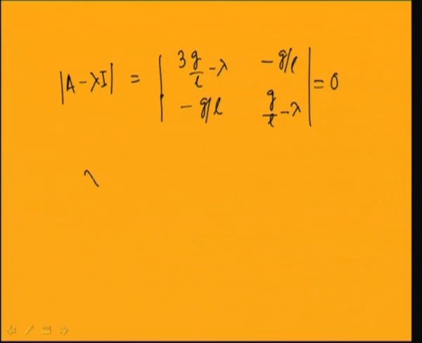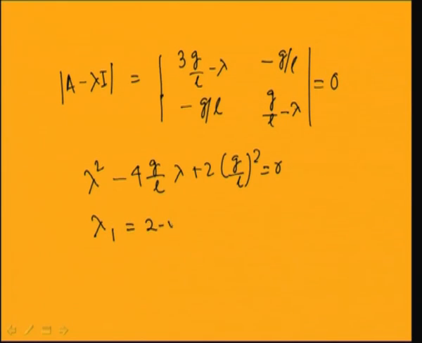It becomes lambda square minus 4 G by L lambda plus 2 G by L square equal to 0. From this you get lambda 1 equal to 2 minus root 2 G by L and lambda 2 equal to 2 plus root 2 G by L.